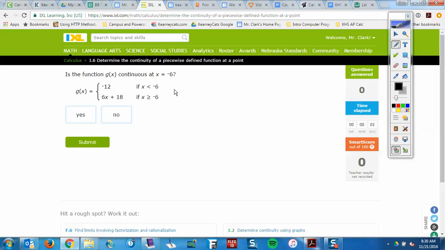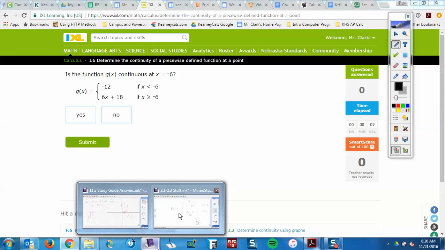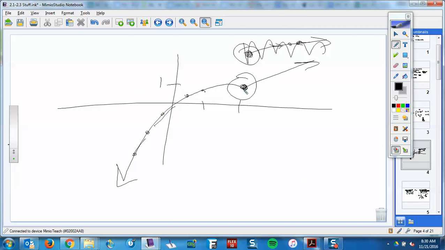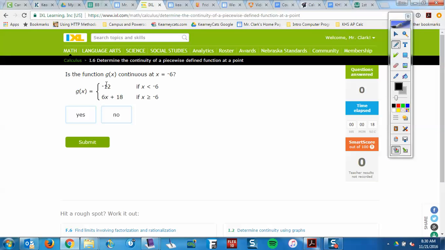But is the function continuous at -6? Well, continuous would mean that they take off from the same point. This would be continuous. If there's a break, then it's not continuous, right? So, bottom line is the function continuous at -6? Well, -6 is where it breaks.